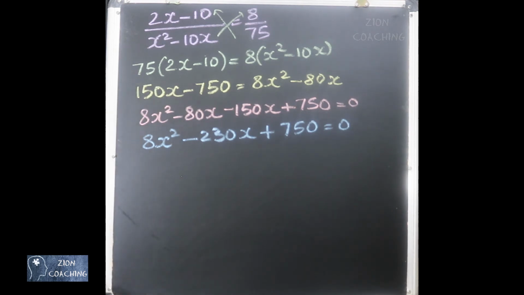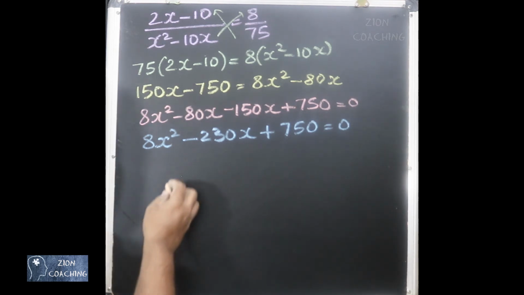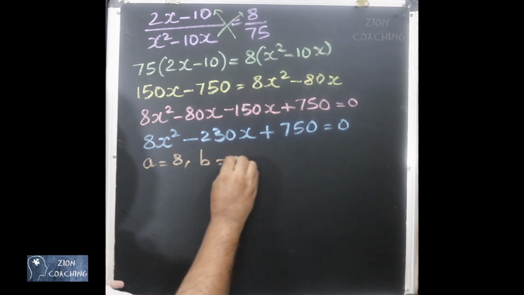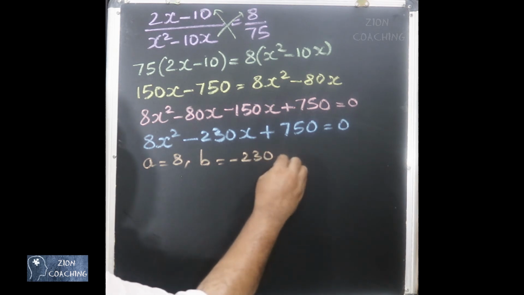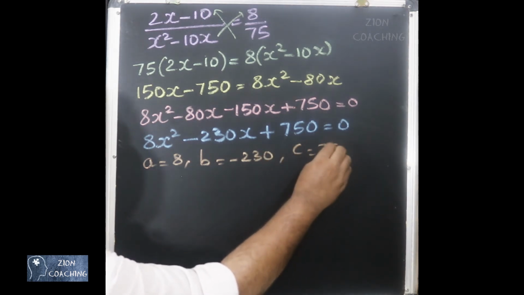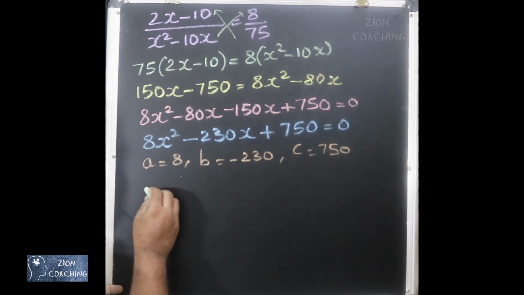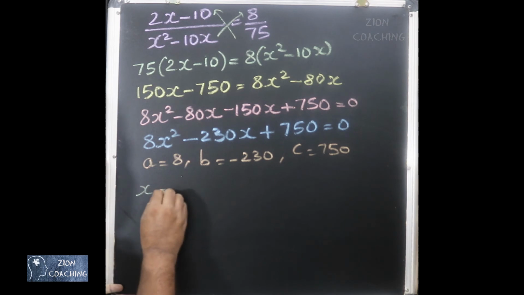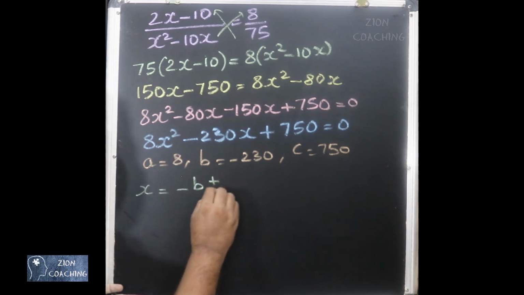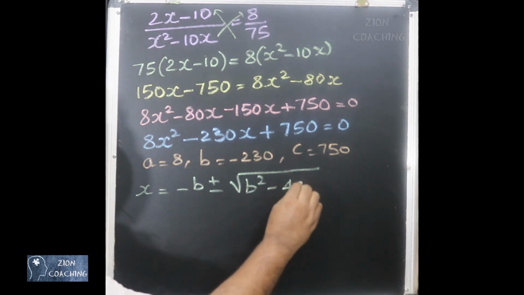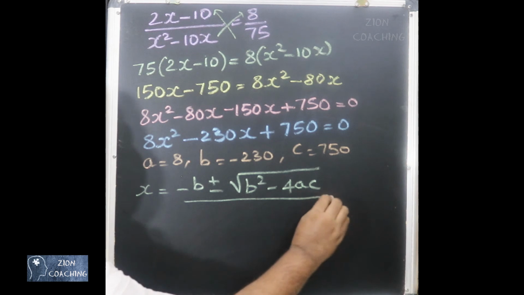Now on comparing, you can see that your a value is 8, b value is minus 230, and c value is 750. We are going to solve this equation using the quadratic formula and find the answer. Now you know that the quadratic formula is x is equal to minus b plus or minus root of b squared minus 4ac, by 2a.